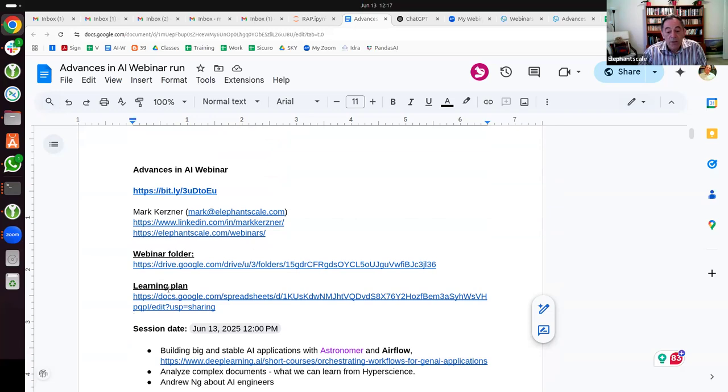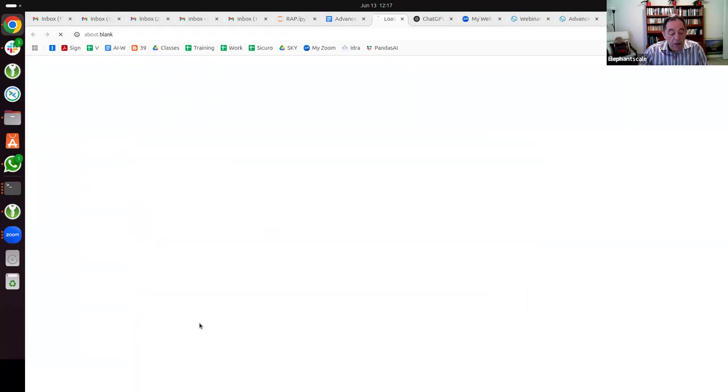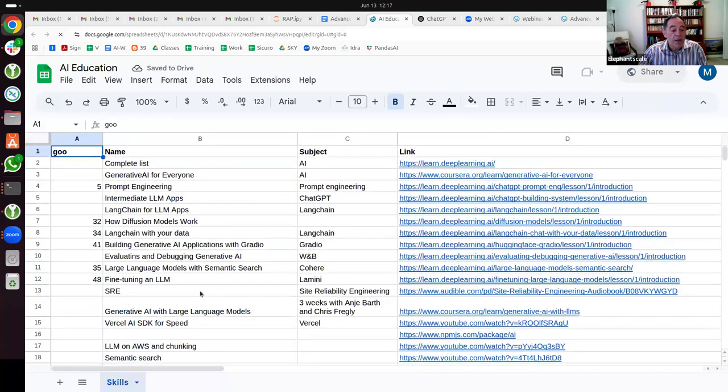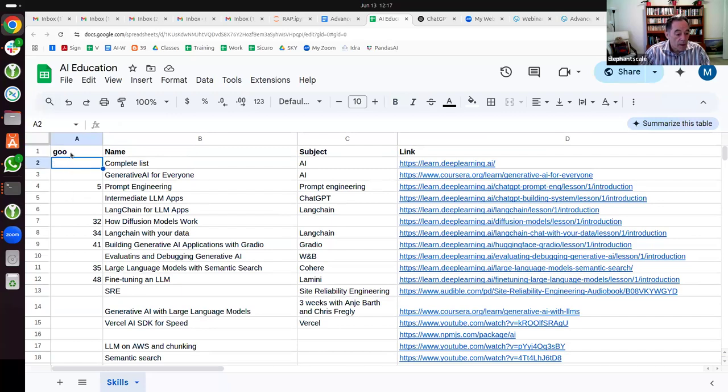So I put it into my repository, and it's all found here on the learning path. If you click right here on the learning path, people very often ask, what is it? What's this Go? I'm not sure what this Go is.